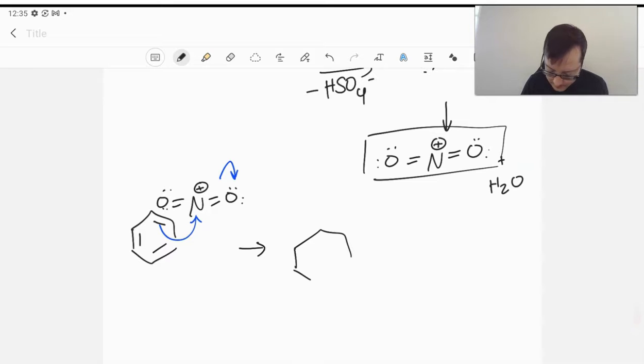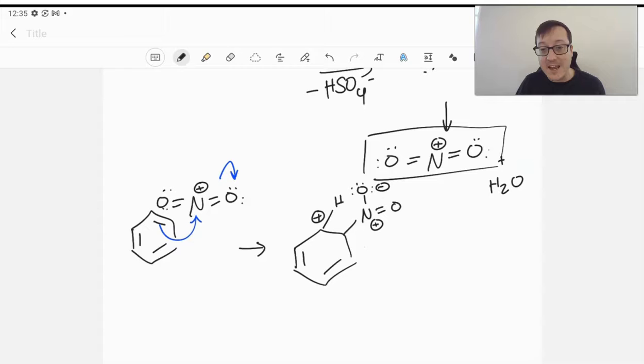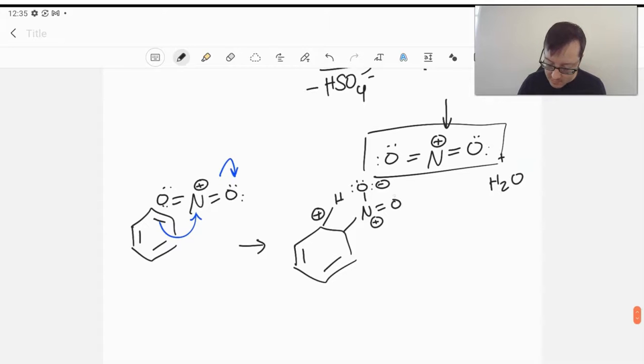In doing so, we have now our cation. We have our nitro group, which we're going to just abbreviate NO2, but if we spread it out, we remember that we have a positive nitrogen and negative oxygen in that group. I'm not going to draw the sigma complex because we can see that before, it's just the resonance.